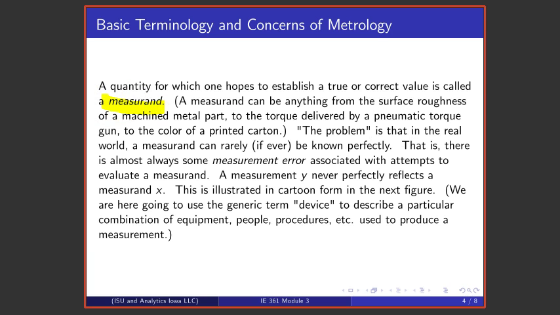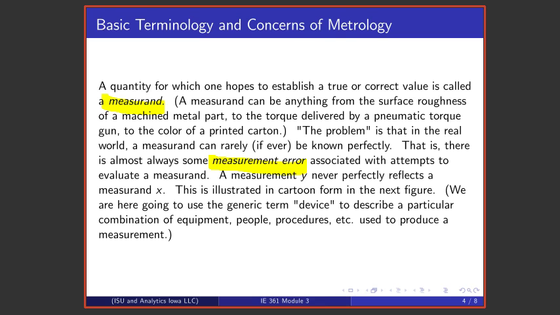The measurand is a true or correct value about which one wants to gain information. The truth is that one very rarely knows a measurand perfectly. That is, there is almost always some measurement error associated with trying to determine the value of a measurand.